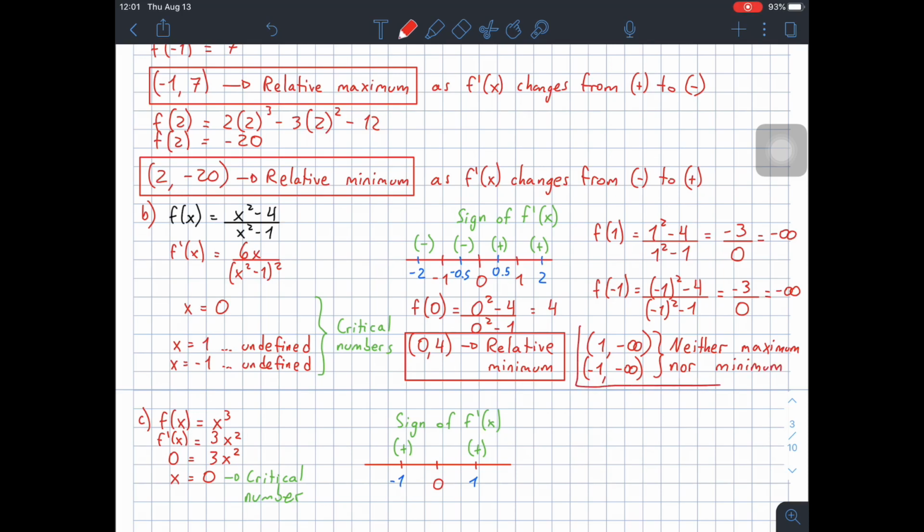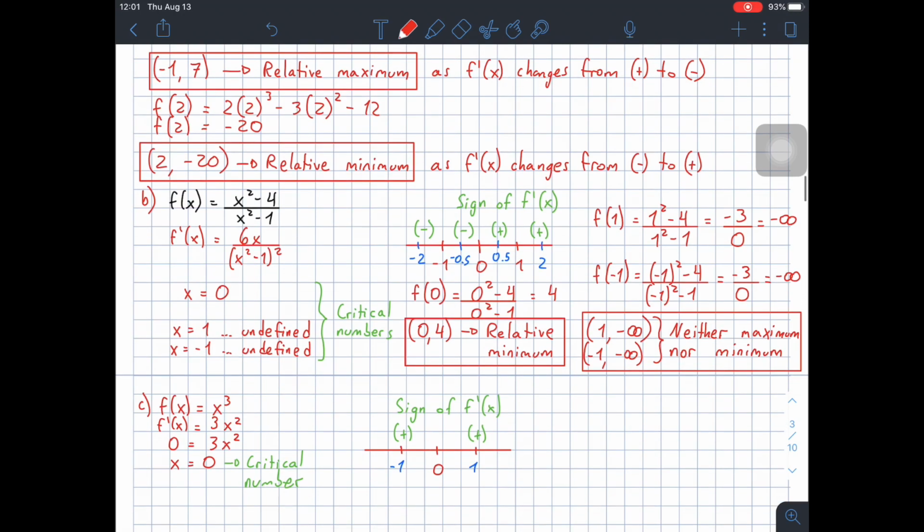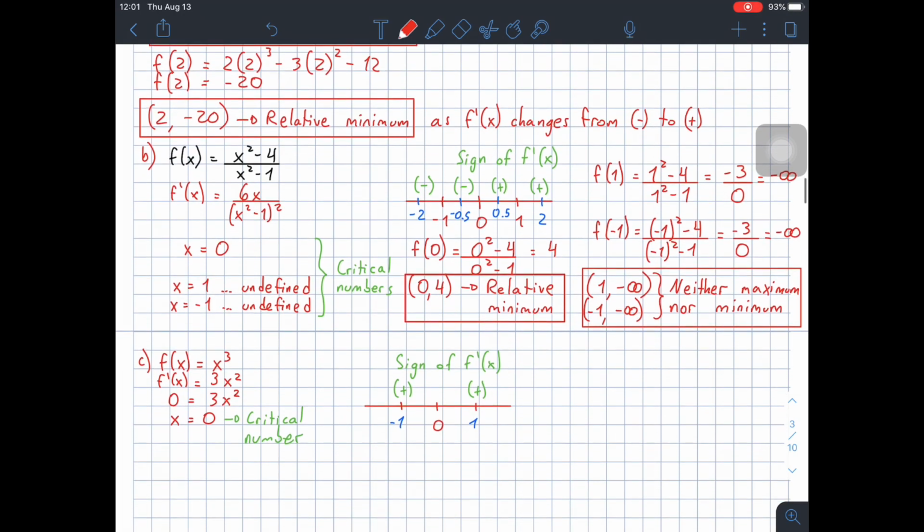Okay, they do not fulfill the rule in order to be maximum or minimum points. So that's what we can tell about the function b, right? Later on, we're going to analyze how they look graphically for you to finish understanding all of these concepts.